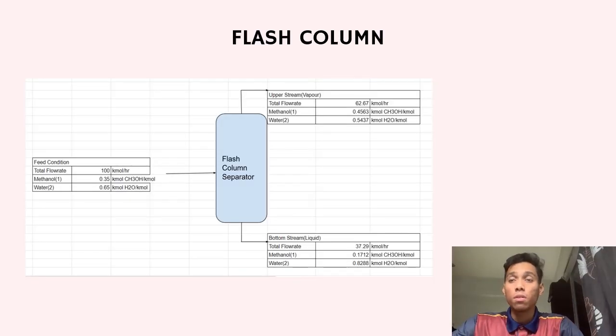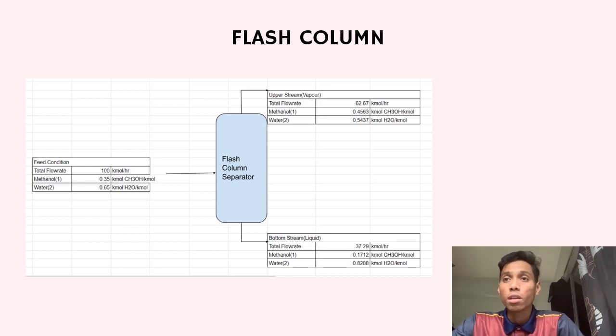This is our flash column and the overall values calculated from the previous parts. The temperature set for our flash is 66 degrees Celsius and the pressure set is 40 kilopascal. The total flow rate entering the flash column is 100 kmol per hour, consisting of 0.35 kmol of methanol and 0.65 kmol of water.